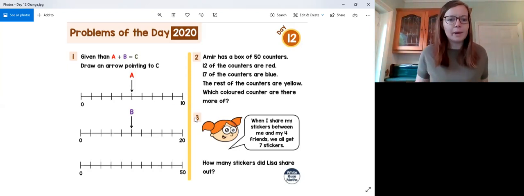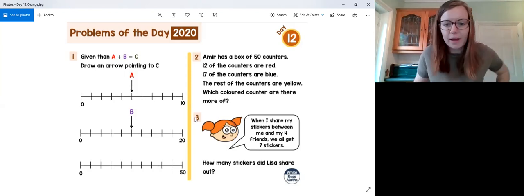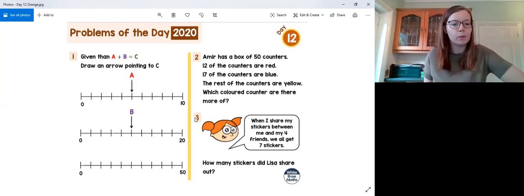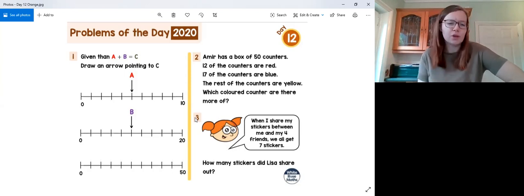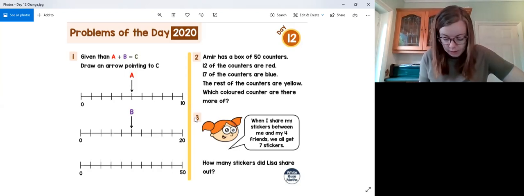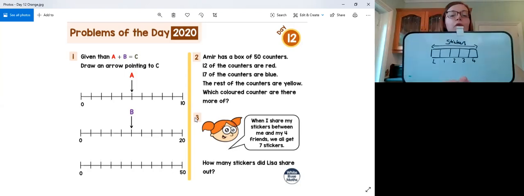Now, how many groups do we have? So how many people? Very easy to read that question and say 4 friends, 4 people. But it is Lisa and her 4 friends. So how many people are there all together? That's right, there's going to be 5, isn't there? 1, 2, 3, 4, 5, because we've got Lisa and then friend 1, friend 2, friend 3, and friend 4.